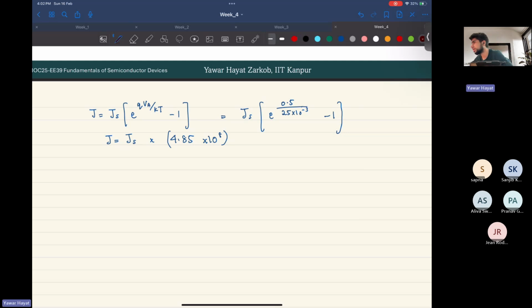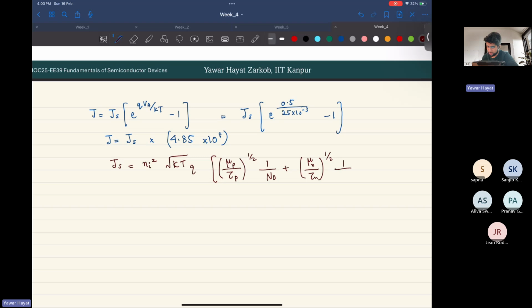Okay, so your Js, you can compute it from the expression with q, ni, the square root of mu p by tau p times 1 by Nd, plus the square root of mu n by tau n times 1 by Na.